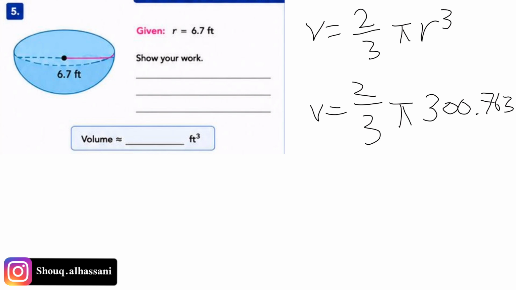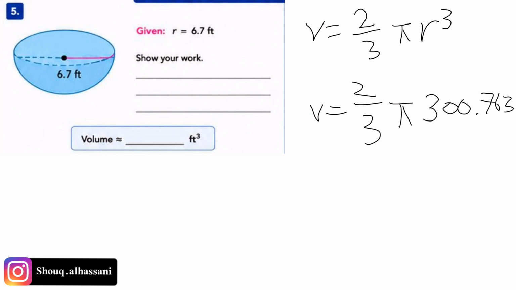So 300.763 multiplied by 2 and then divided by 3 is 200.50866. And then we will multiply it by 3.14, sorry.